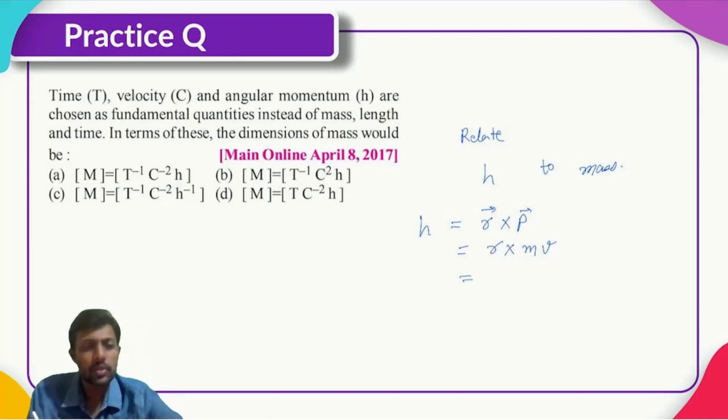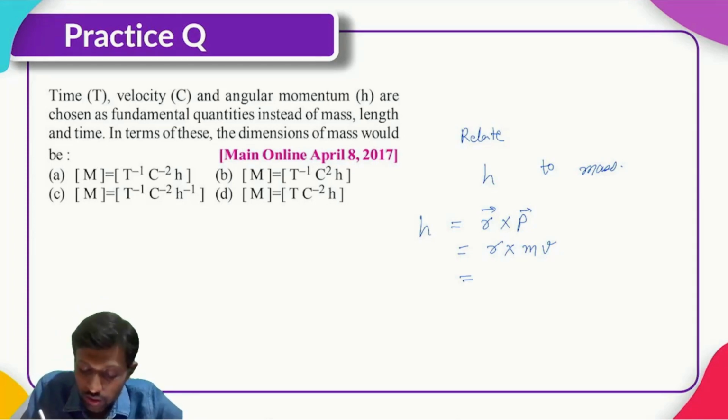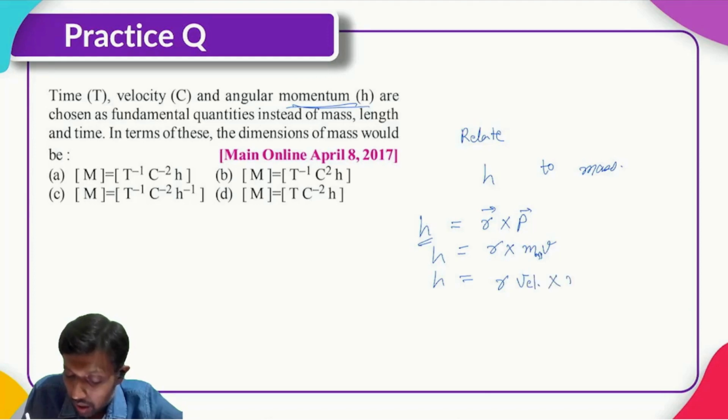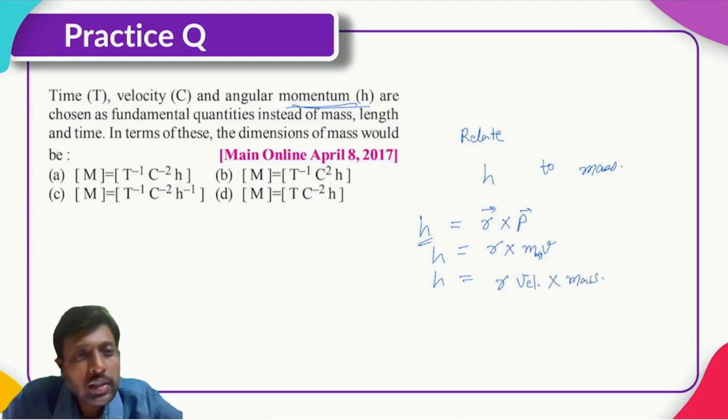Let's write the dimension of this. Now, h is a fundamental quantity according to the new system. So we'll keep h as it is because we need fundamental quantities. Mass is what we have to find out, so we'll keep mass also. Radius, velocity, and mass. Is velocity a fundamental quantity according to the new system?